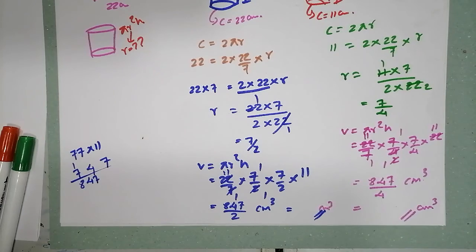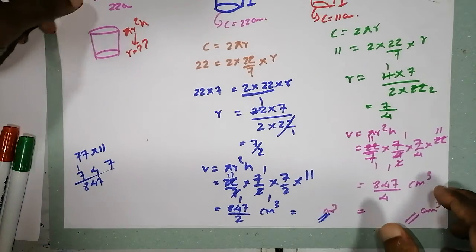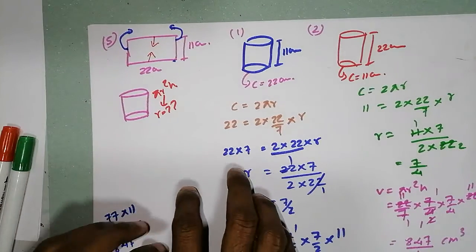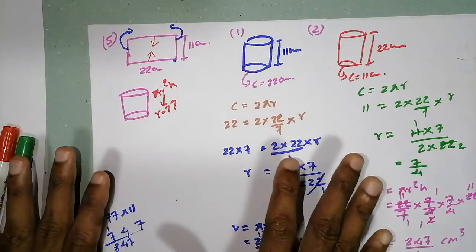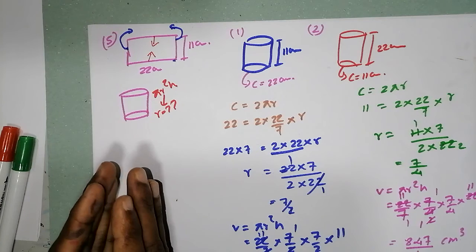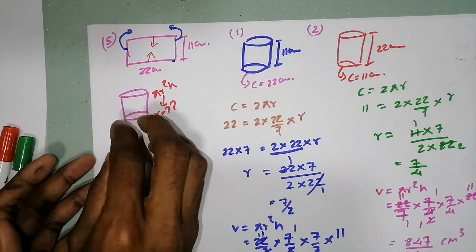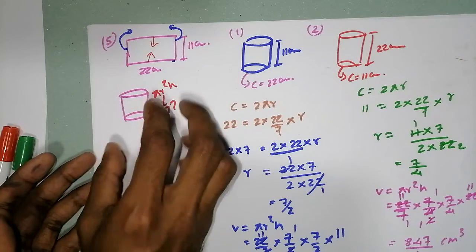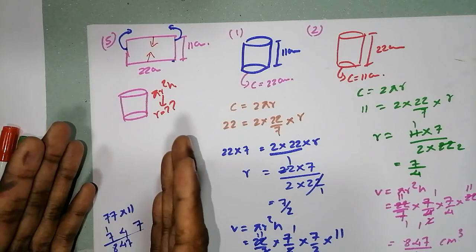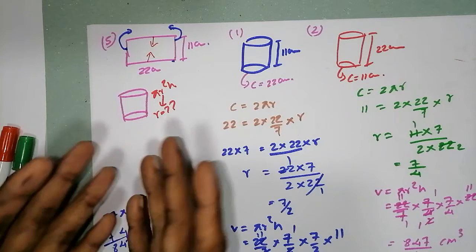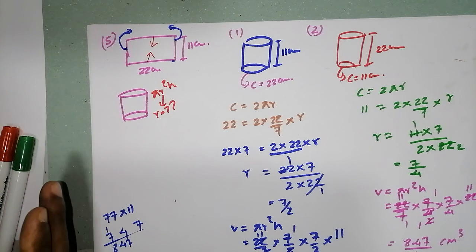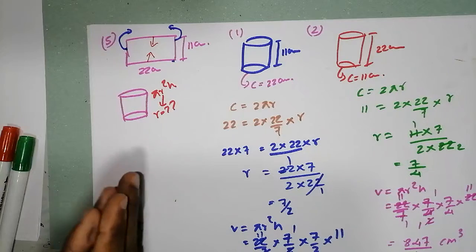So those are the volumes of these two cylinders. This is a most important question. Why? This question is based on the basic idea of the surface of a cylinder, how a cylinder is made and how we can construct a cylinder. We studied surface area, so you need to use that knowledge to find this answer.